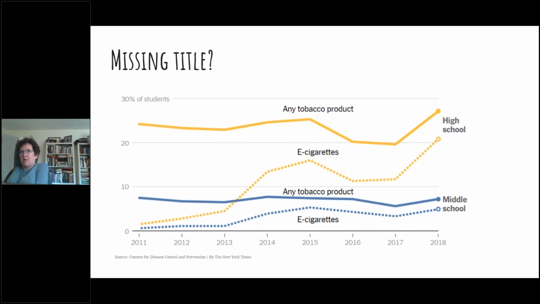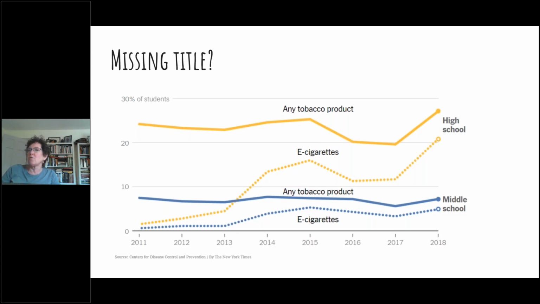Because tobacco use is very much affected by where you live. So we would want to know what country at least this was in. And it would be interesting to know, because they're not surveying every high school student and every middle school student in the US, they're doing a representative sample.